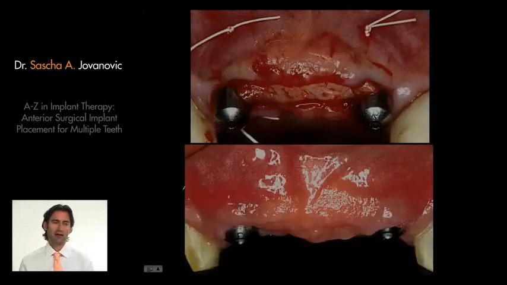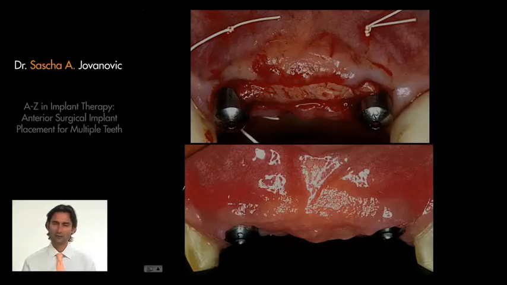This allows us then, if necessary, in this particular case, to review if there is sufficient soft tissue available and present. And here I added, at the uncovering stage, another soft tissue graft. So I diagnosed that, in my opinion, there was not enough thickness.